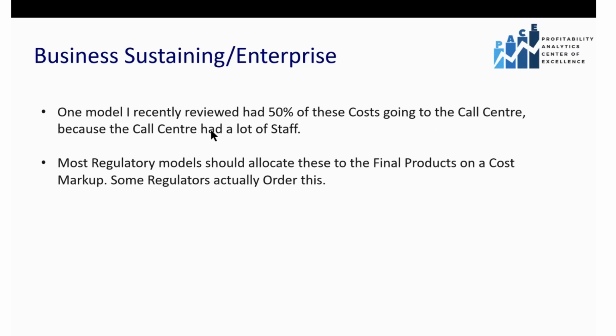Sorry, Mark, as a wider point, one of the things I've seen is that an independent review of a cost model always throws up a couple of these weird things, right? And more often than not, they're correct. There are certain things you can argue about, like how you allocate property costs.